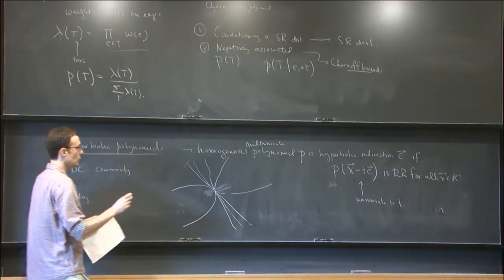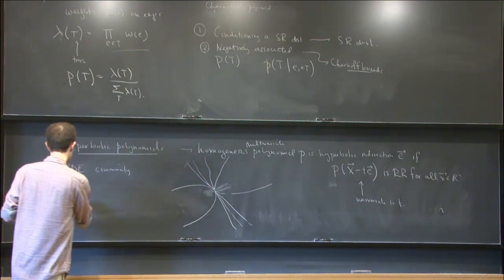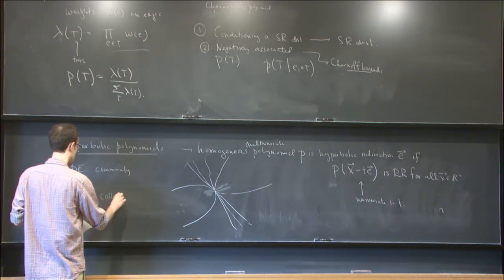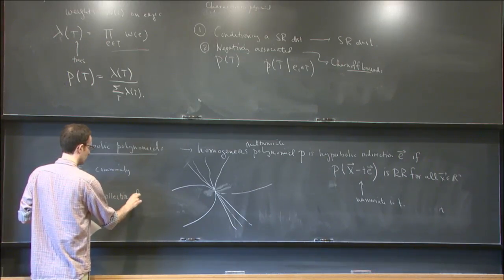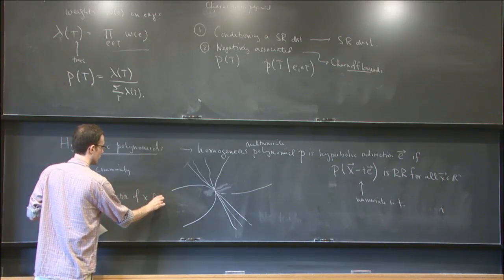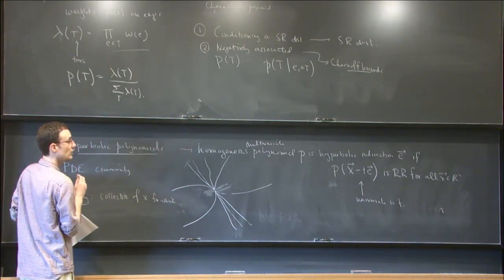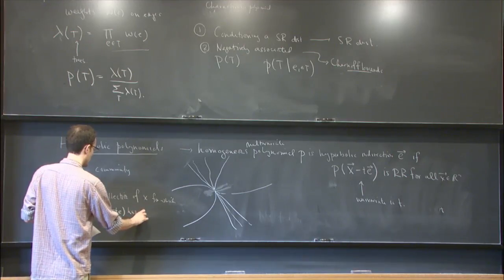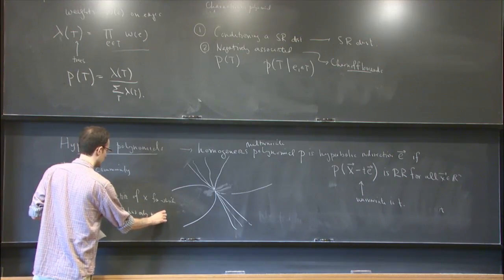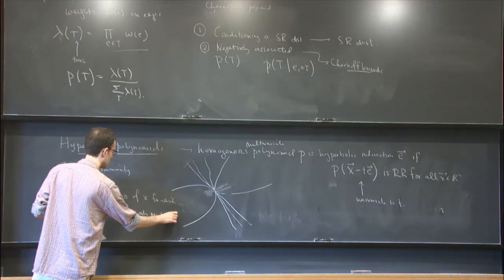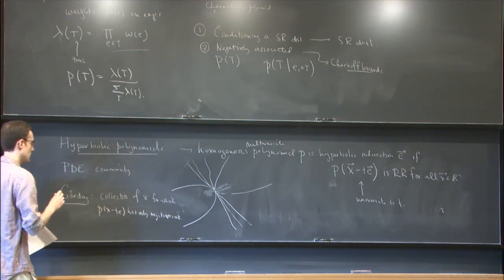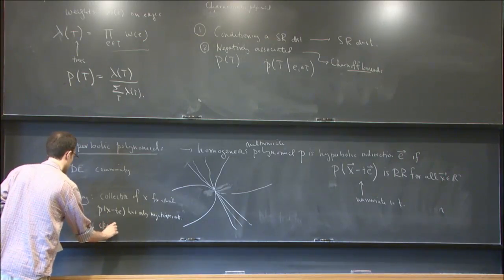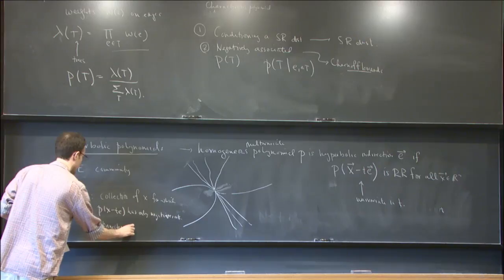So the point is that Gårding showed that the collection of x for which p of x minus te has only negative roots is connected and convex.